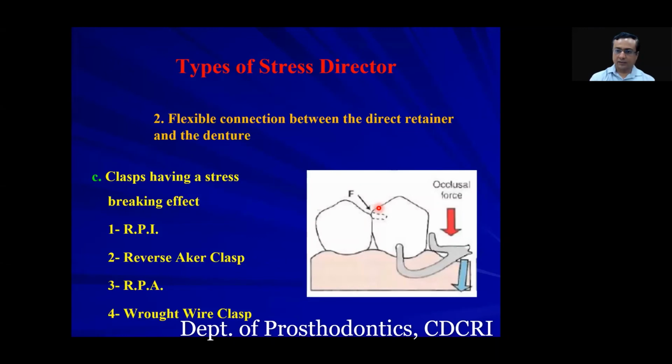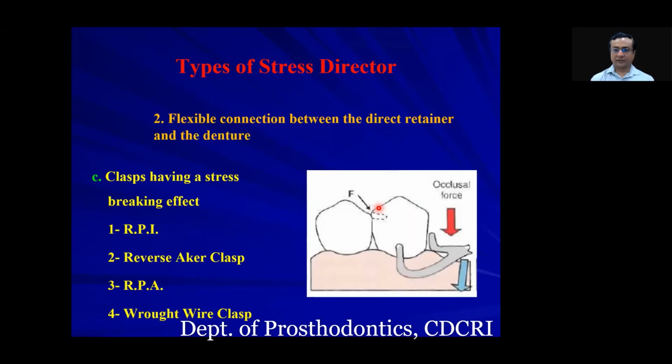And the third subgroup in the type 2 type of stress director is a flexible connection between the direct retainer and denture base by the help of a special type of direct retainer, that is, a clasp having a stress breaking like effect. This classification we have already seen in the direct retainer.